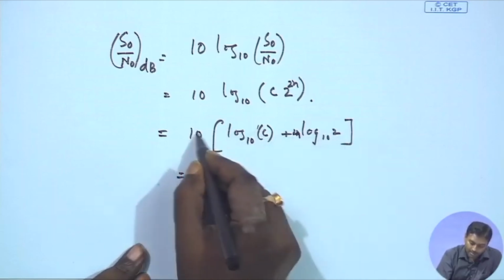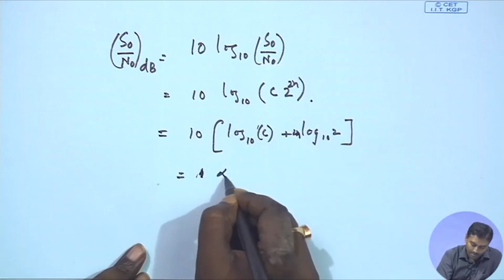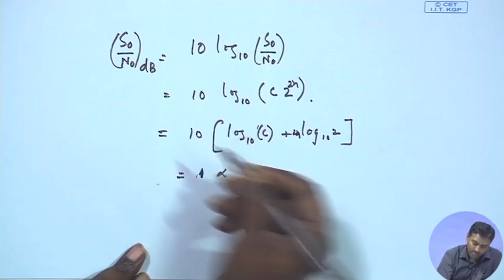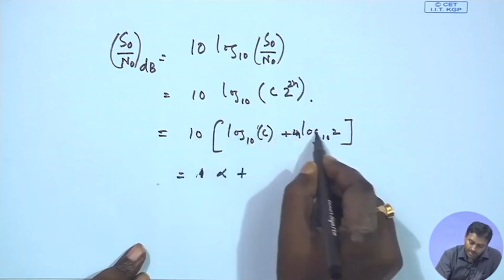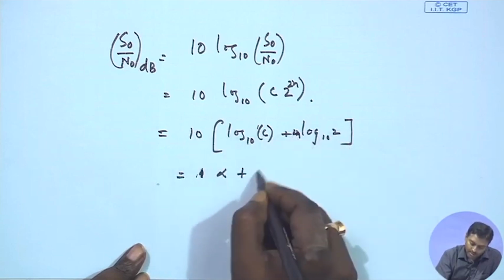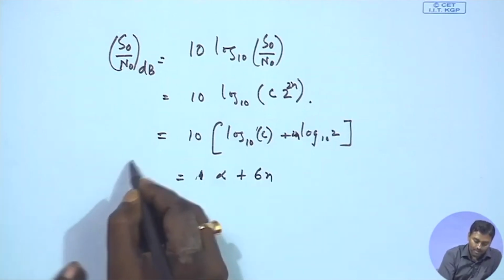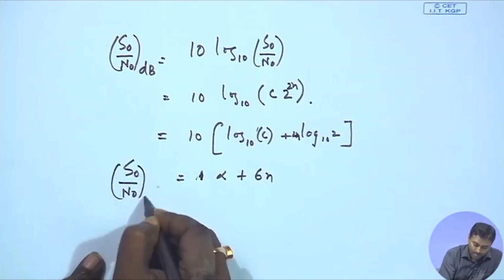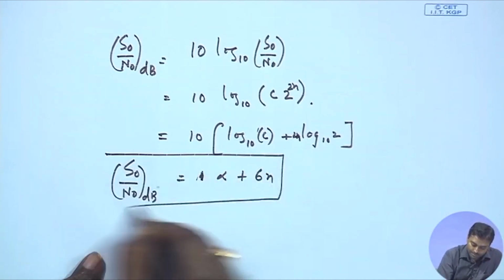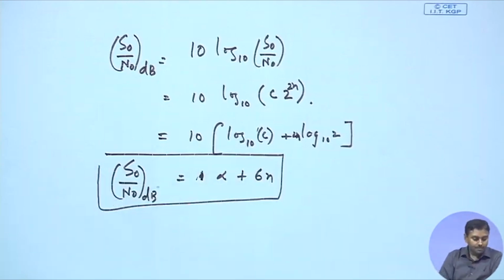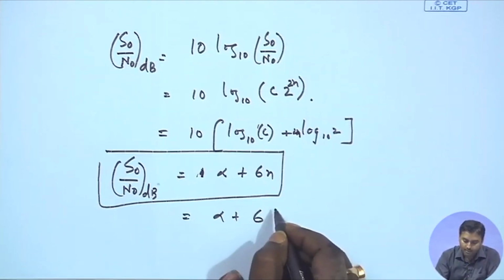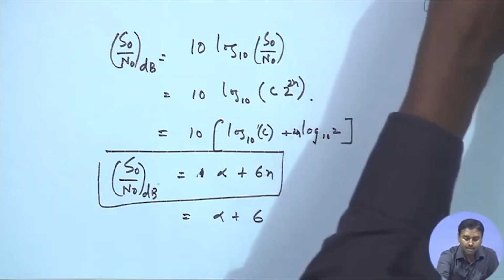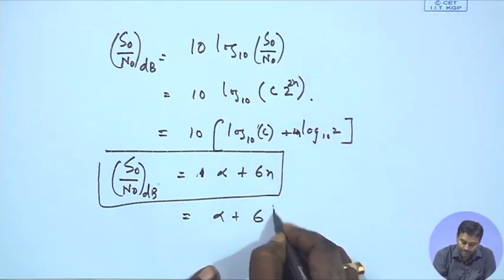So, this particular part I can write as alpha, that is 10 log 10 C, because this is a constant, and here 10 log 10 2 is 3, 3 into 2 is 6n. So, I get my signal to noise ratio in dB as alpha plus 6n.